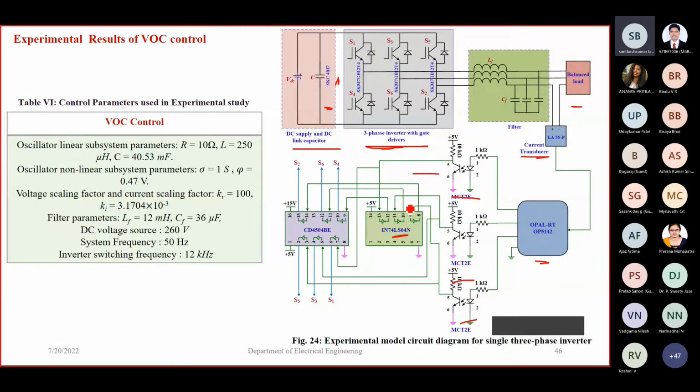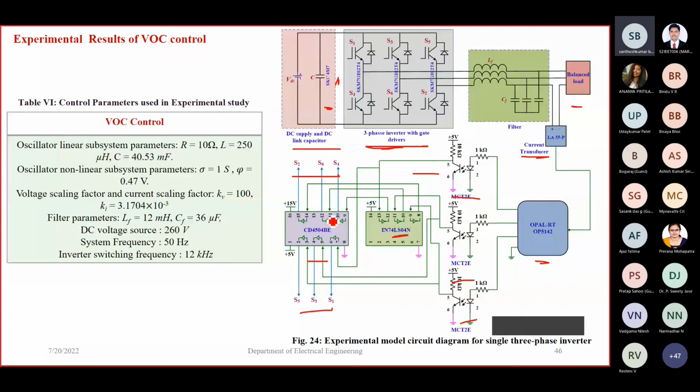By using this NOT gate, I get the inverted pulses, so in total I get 6 pulses: 3 here and 3 here. This is a CD4504 used as a level shifter. It shifts 5 volts to 15 volts, because for the Semikron inverter, the gate driver requires a 15 volt pulse. That's why I'm using this level shifter to amplify the 5 volts to 15 volts.